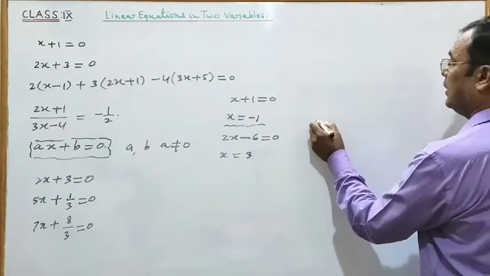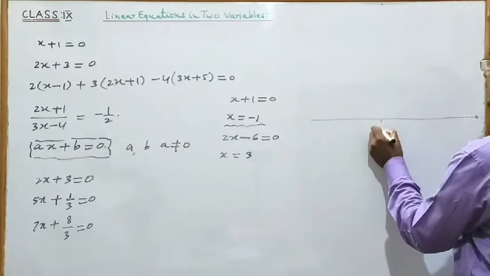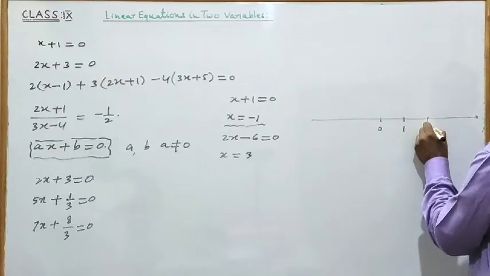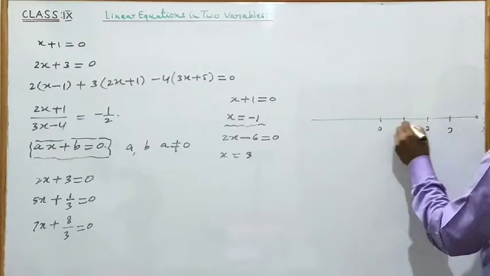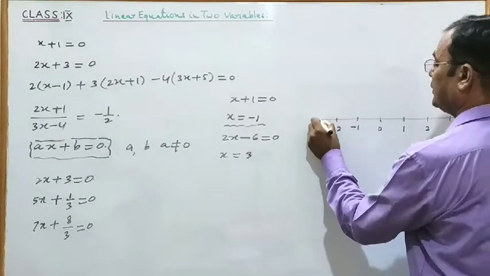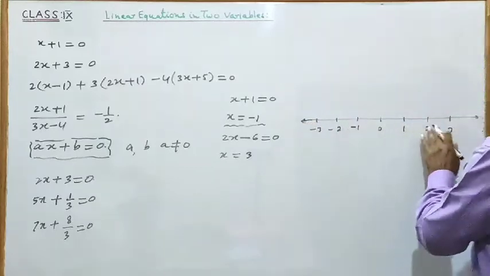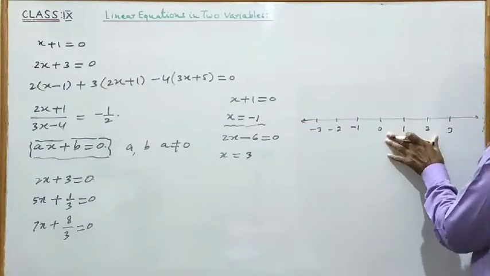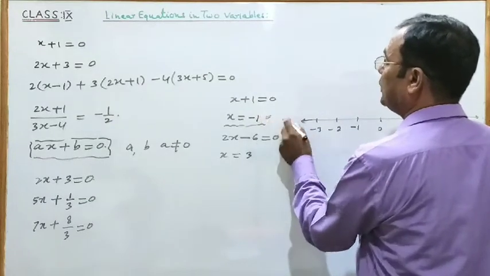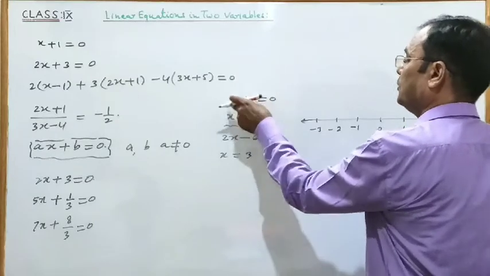First, let us draw a number line with 1, 2, 3 and so on, and -1, -2, -3 and so on. So this is our number line, and on this number line we have to represent the solution x = -1 of the linear equation x + 1 = 0.